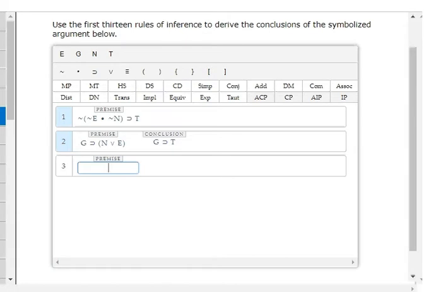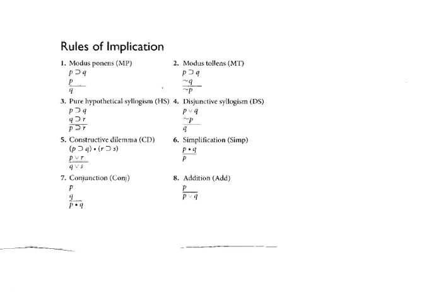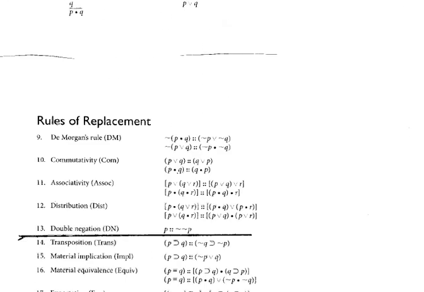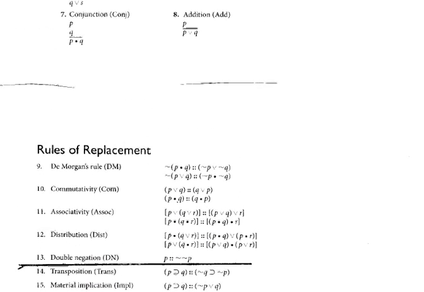The important thing to understand is the difference between the rules of implication, the first 8 rules, and the rules of replacement. By the way, we have others that you're going to learn in the next section, numbers 14 through 18. Those will be the last ones, but we're ignoring those today.